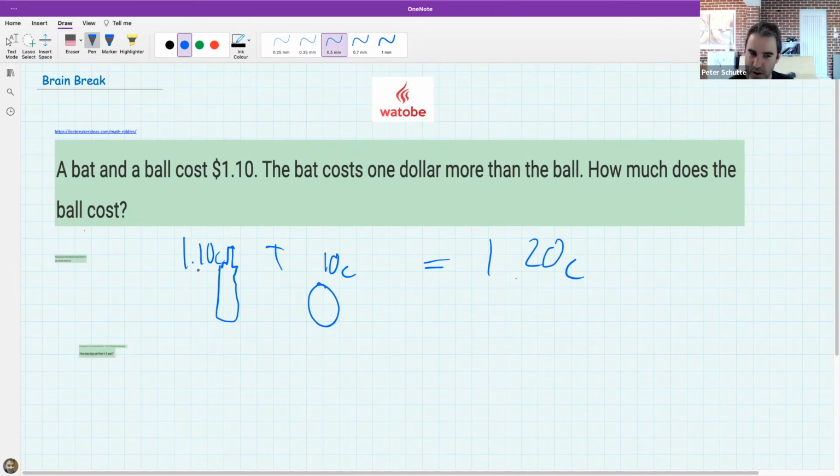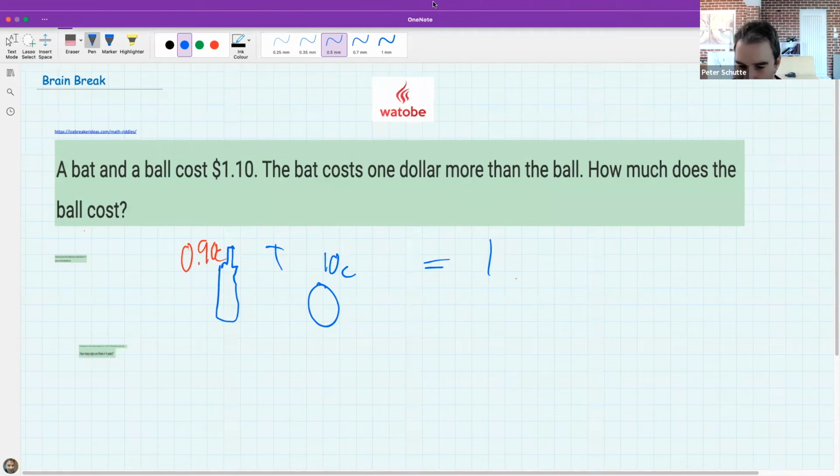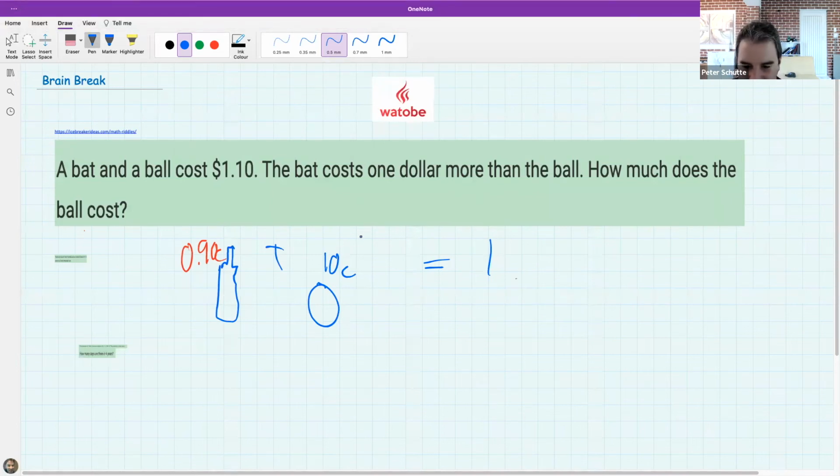Vuyile, you're on the right track. Vuyile is saying if this was 90 cents and this was 10 cents, then I only get to 1 rand exactly. This one will mess with your brain.